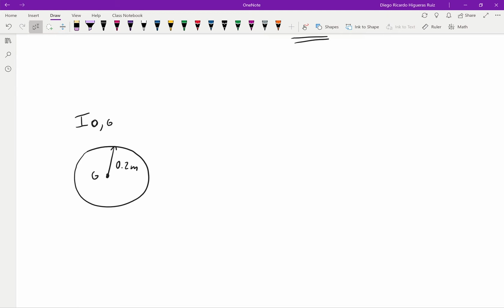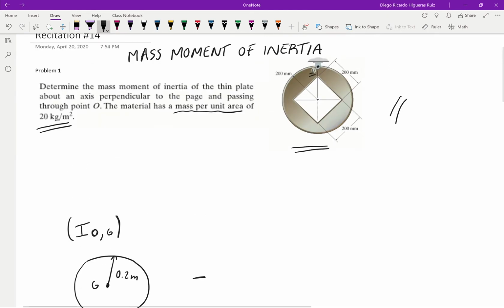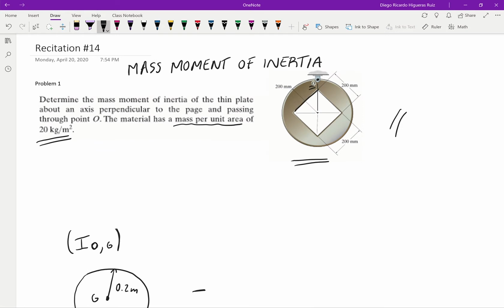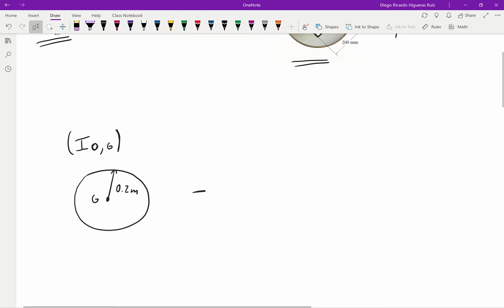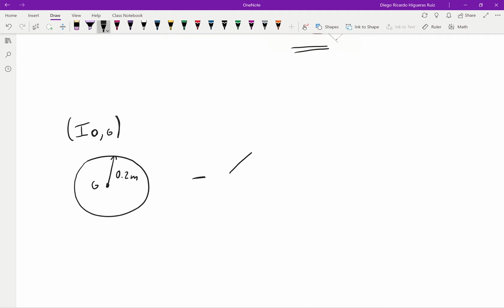Okay, so this is gonna be my mass moment of inertia of this thin plate for an axis through the point G, and if we take that and subtract this other geometry given in the problem, this one right here, we're gonna get something that is close to the final answer but not quite.